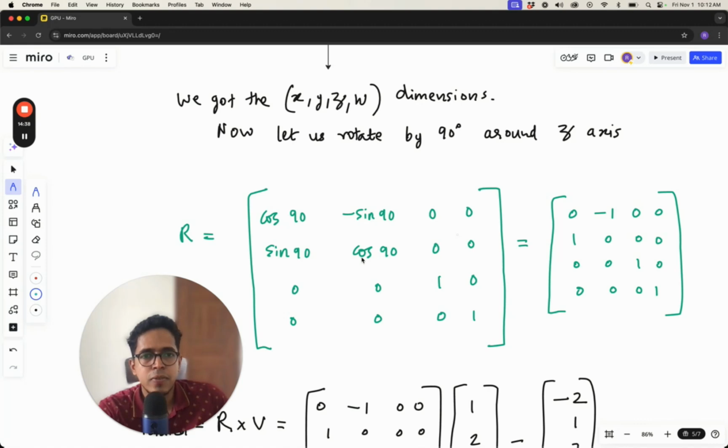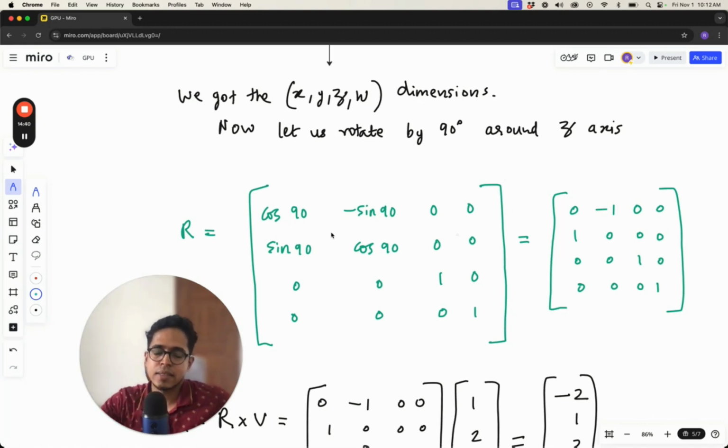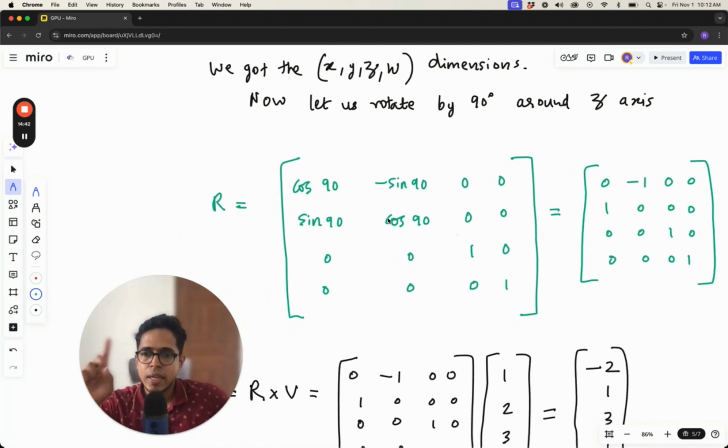Now let's first perform the 90-degree rotation around the x-axis. A 90-degree rotation can be represented using a matrix. Here I am denoting the matrix by R. It is represented by something that looks like this. If you have studied robotics, this will be very familiar to you. Basically, rotation around different axes can be represented as a matrix that looks like this.